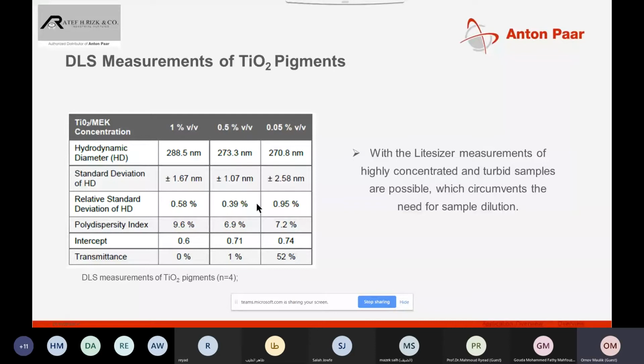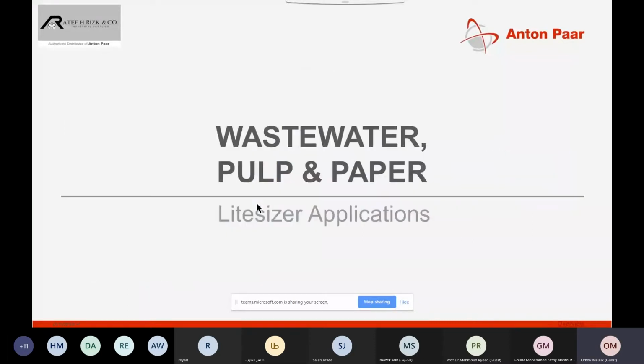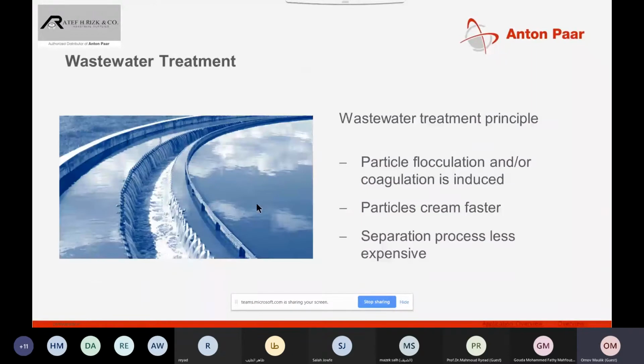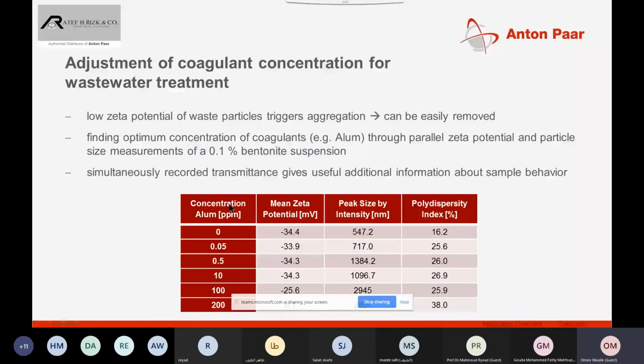Another example is wastewater treatment. Most of the times when we treat wastewater, we add different flocculating agents in order to flocculate and agglomerate the waste particles, the impurity particles present in that wastewater. So here we have tested different wastewater with different concentrations of alum.